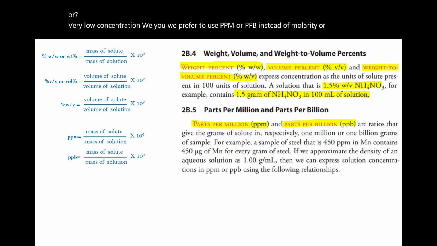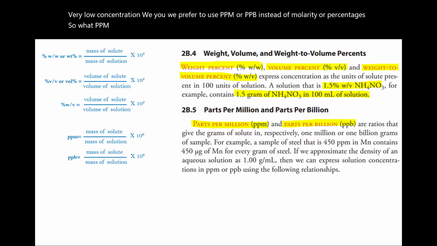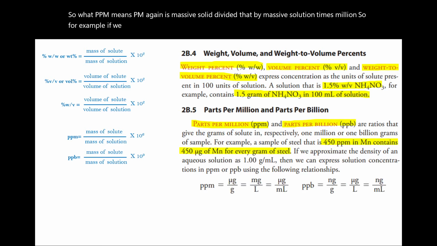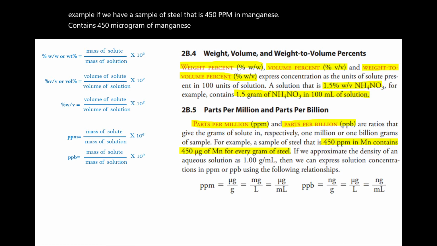So what ppm means, ppm again is mass of solid divided by mass of solution times million. So for example, if we have a sample of steel that is 450 ppm in manganese, it contains 450 microgram of manganese for every gram of steel.